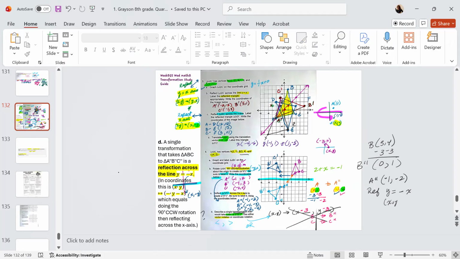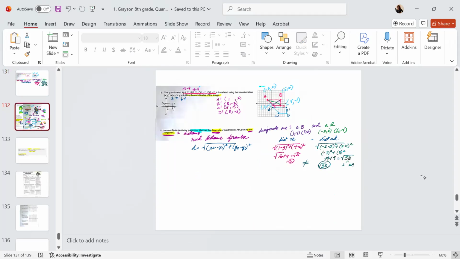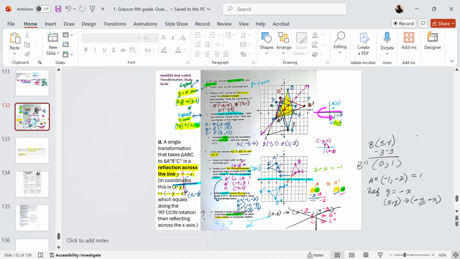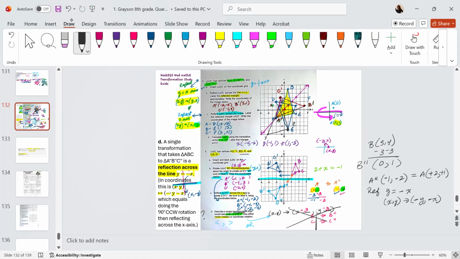That says (x, y) becomes (-y, -x), which means it becomes a positive 2, positive 1. Wasn't the original A positive 2, 1? Yeah. Okay. And then b double prime, which is -4, -3. C double prime, which is -2, -4.